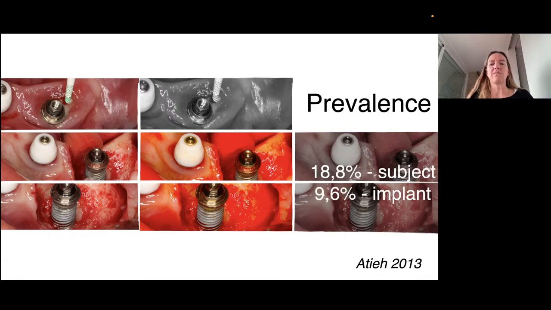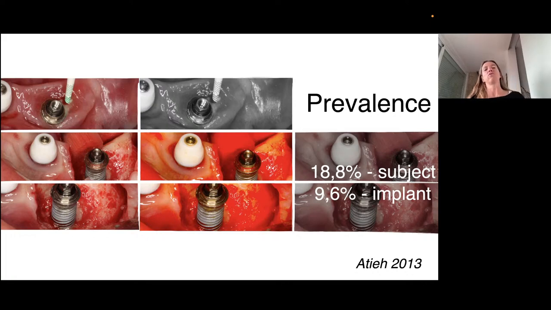And when we look at the meta-analysis from the year 2013, there is something that has a prevalence in terms of implants of 9.6%. So 1 in 10 implants basically can have a chance of having peri-implant disease.